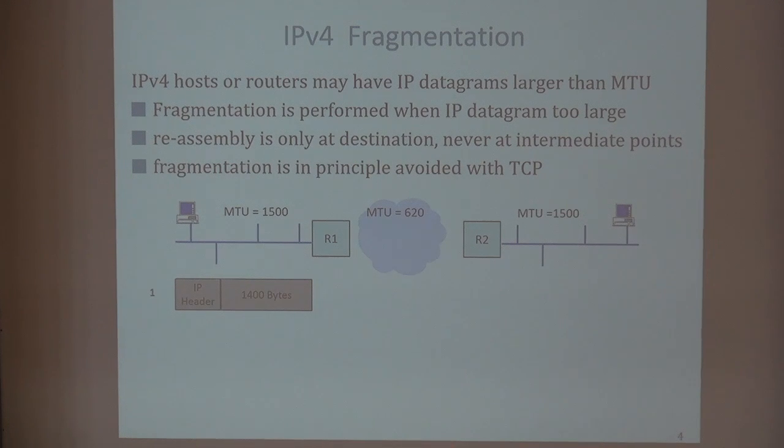So when TCP or UDP passes a packet that is too large somewhere, it will be broken by the IP layer, which means the receiving program at the other end will not notice whether there has been fragmentation or not. The second principle: if you fragment a larger packet into several pieces, of course, you will need to reassemble somewhere. Reassembly is always done at the destination, never at intermediate routers.